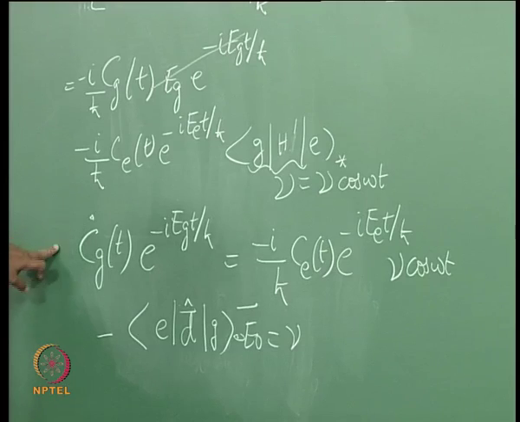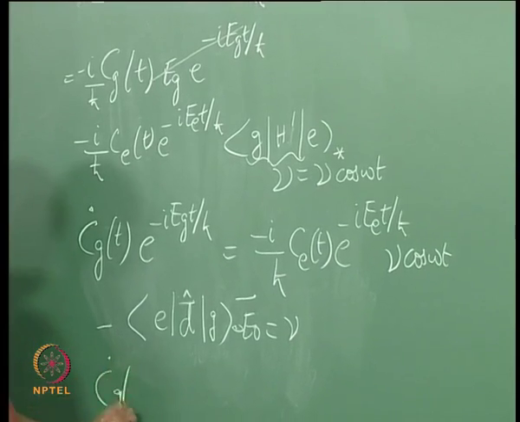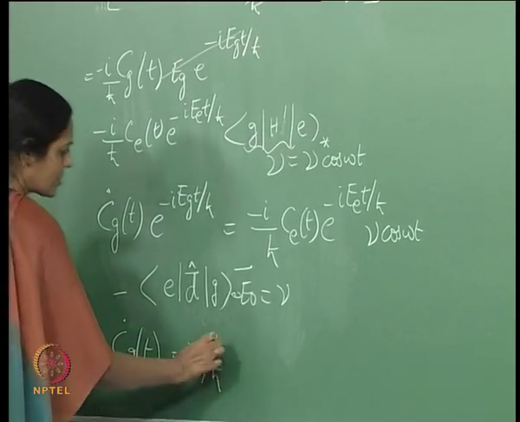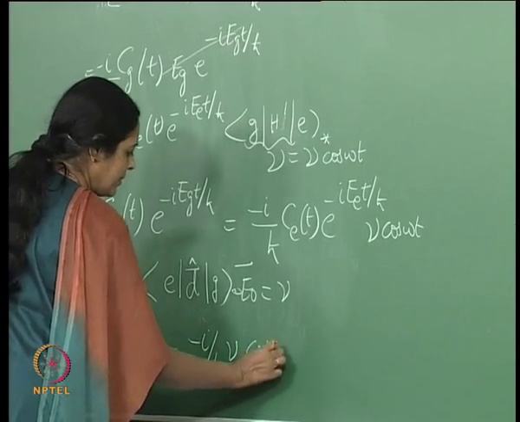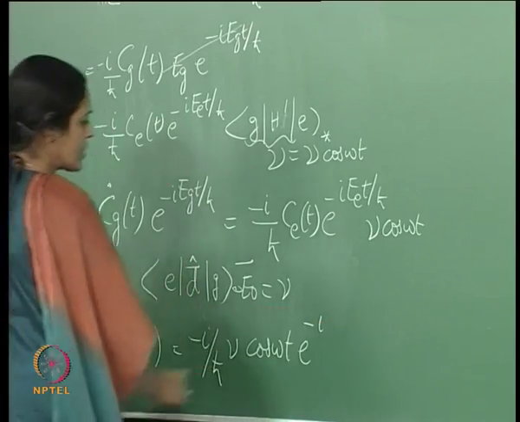So now if you look at this, C_g dot of t equals minus i/ħ nu cos omega t e^(-i...).